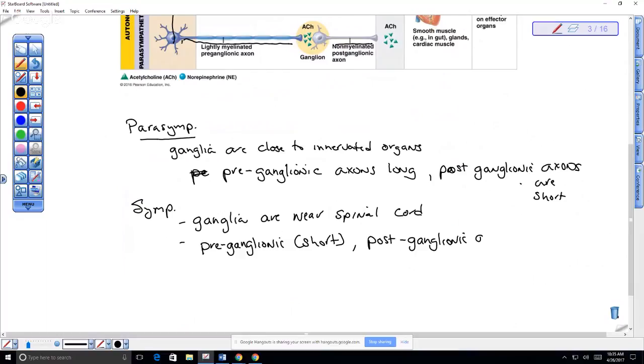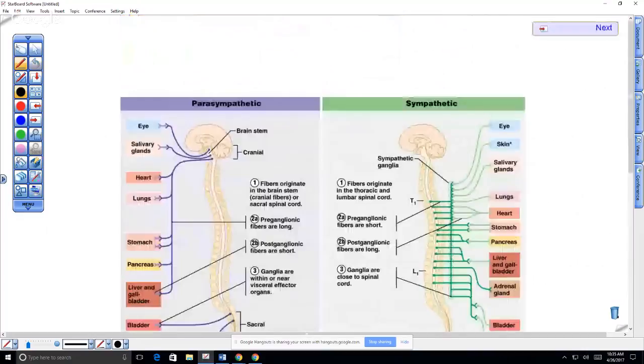So it's just the opposite. Okay. So that is kind of the anatomy, the structure of the autonomic nervous system versus the somatic, and then the difference between the divisions of the ANS.